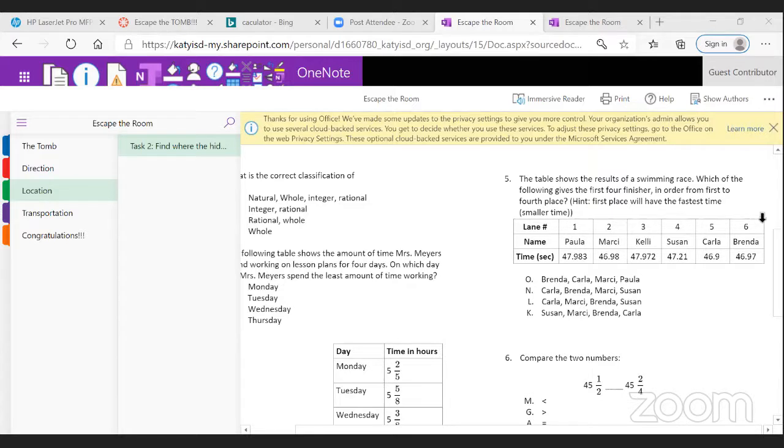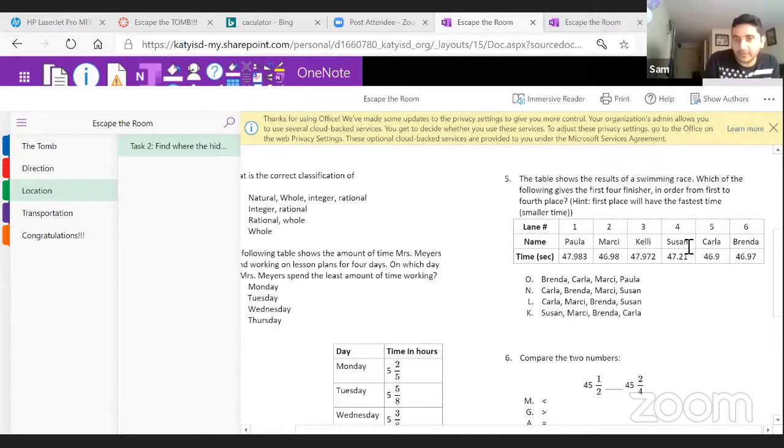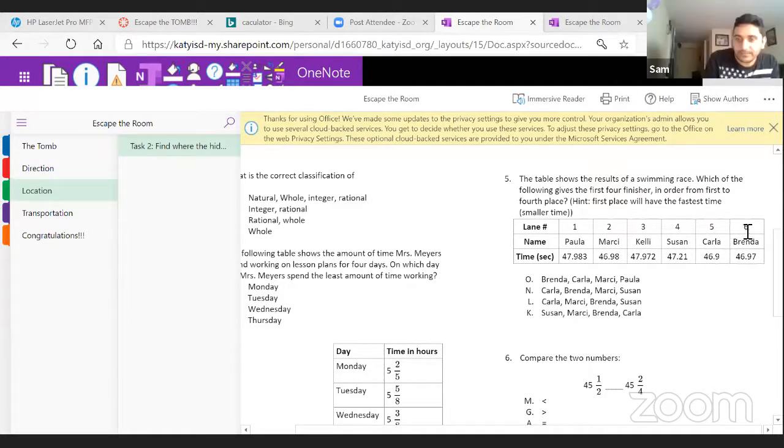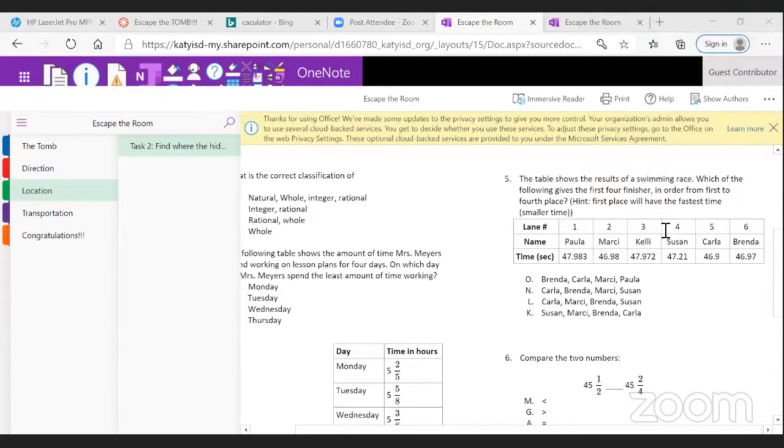Then you have another one right here, Marcy, Carla, 46.98, right? Carla, Brenda, Marcy. Wait, isn't Marcy supposed to be last? Oh wait, no, she should be after. So Carla, Brenda, Marcy, and then Susan. Okay.